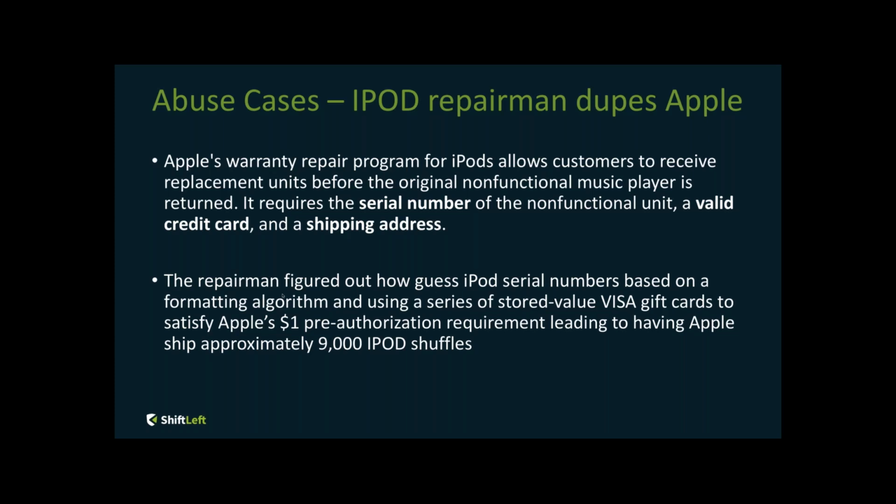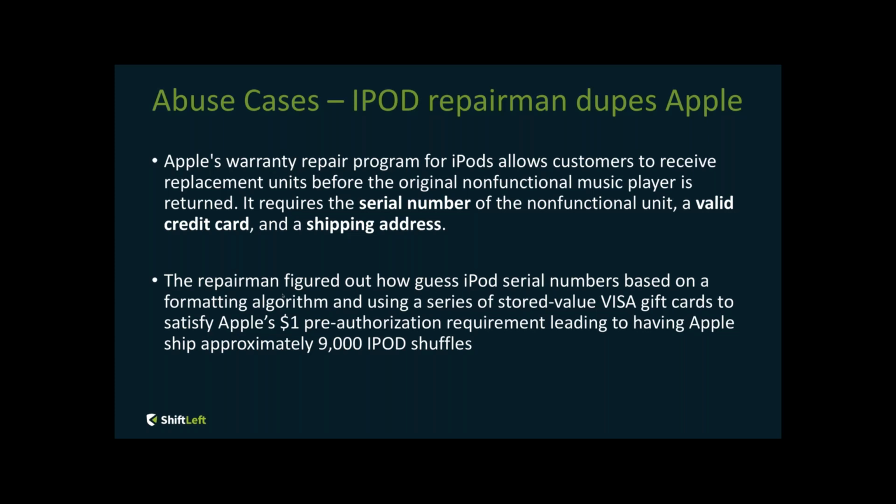This repairman figured out how to guess iPod serial numbers based on a formatting algorithm. Essentially, it was the color of the iPod Shuffle, a certain prefixed serial number, the particular manufacturer ID, etc. Given that he guessed it, he managed to predict the next series of sequences and then went about purchasing stored value Visa gift cards in order to satisfy Apple's $1 pre-authorization requirement.